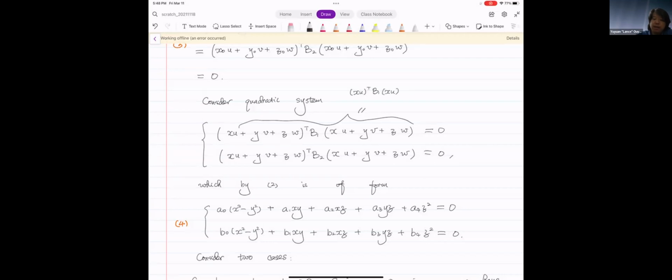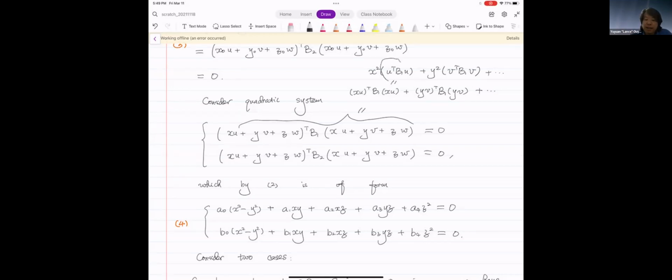And then I should also have a yv transpose b1 times yv plus a bunch of other terms, done similarly. And what's this? Well, this is equal to x squared times u transpose b1u plus y squared times v transpose b1v, and plus a bunch of other things in this quadratic polynomial.